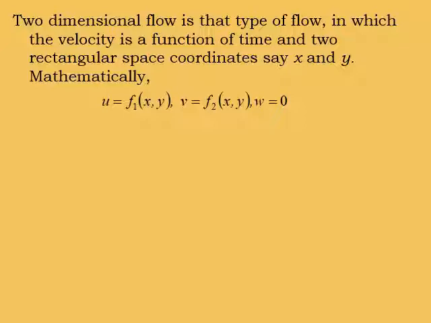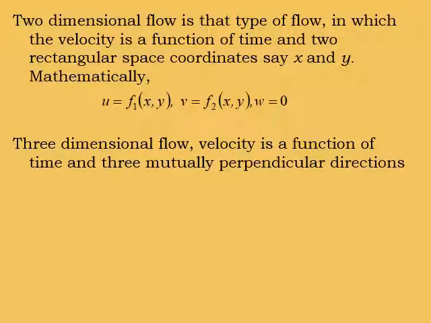So u is a function of x and y, and v is also a function of x and y, but in the third coordinate the velocity is equal to 0.